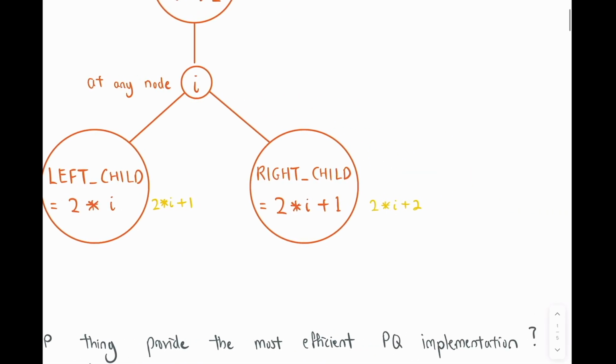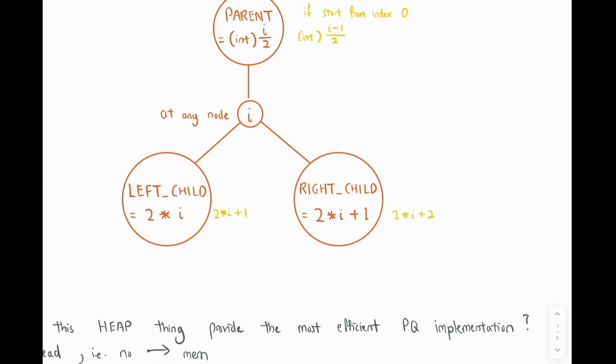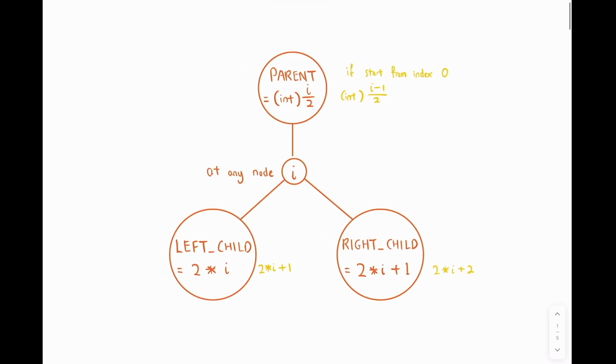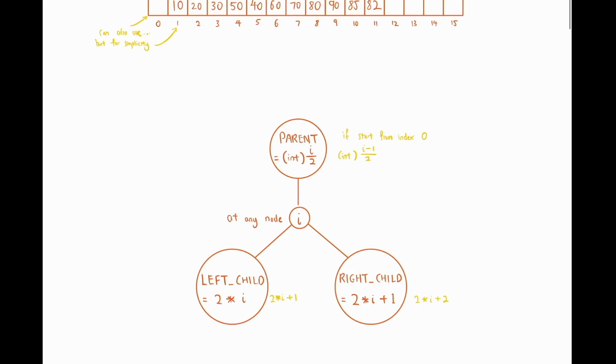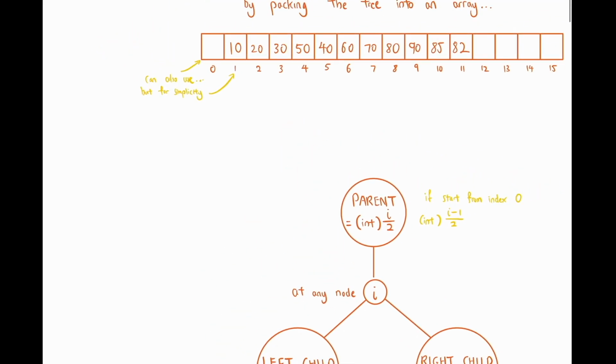And for the right child, instead of +1, you use +2. Very minor things, and time complexity wise, it doesn't add much meaningful overhead. But for our discussion's sake, to keep the formula simple, we will start from 1. Just note this is not the most important thing in our discussion here, but it simplifies things.